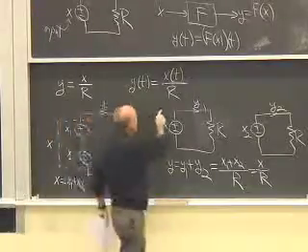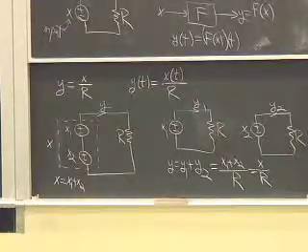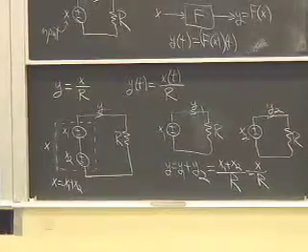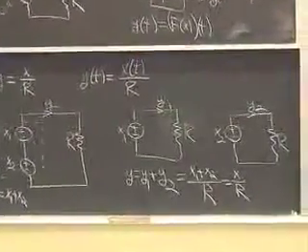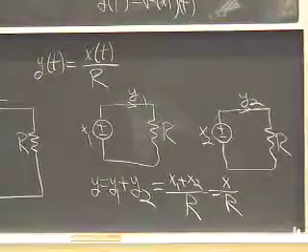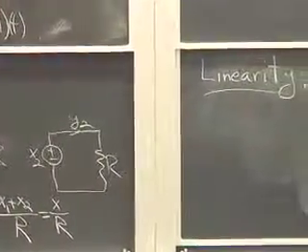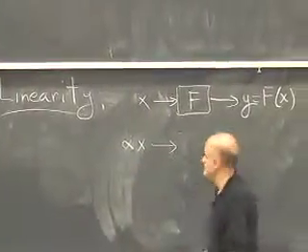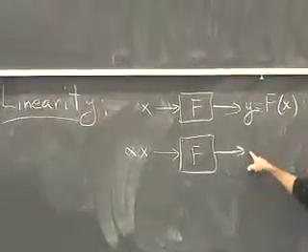So the resistor with this model is an example of what we call a linear system. A linear system has two properties. So x goes in, y comes out. Y is equal to f of x. If I multiply the input signal by a constant, I didn't go over this in that example, then what happens to the response?